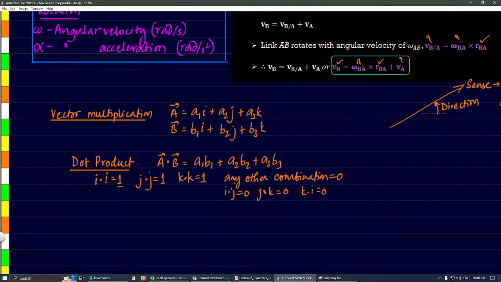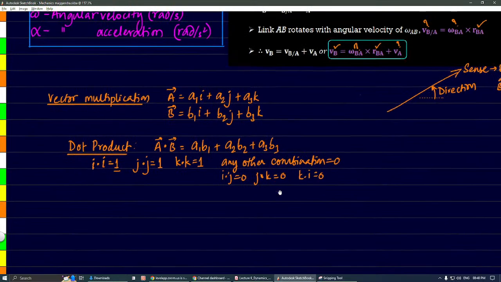Multiplying this with this, again we get I dot K, which is again 0. This is how the dot product operates.